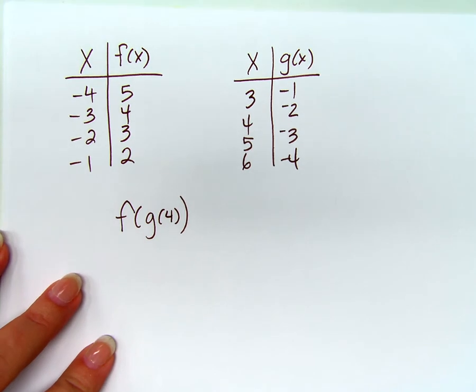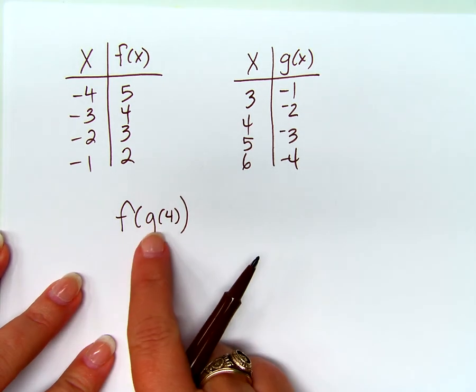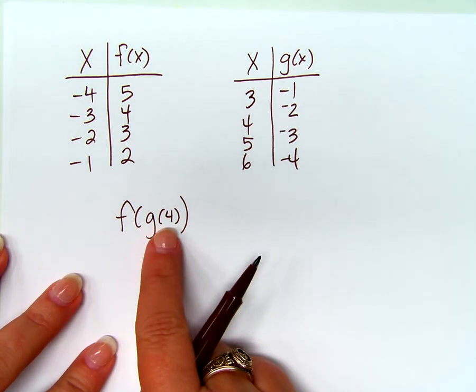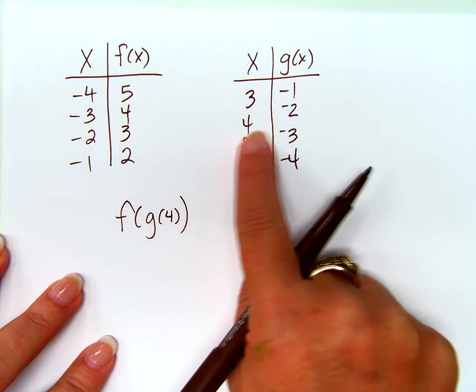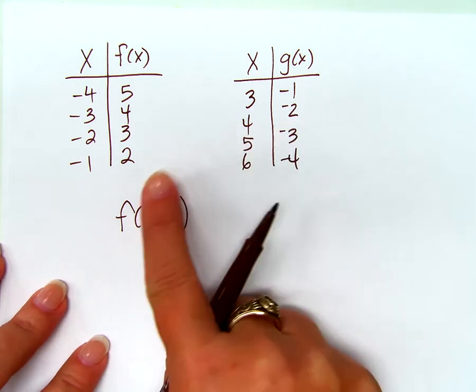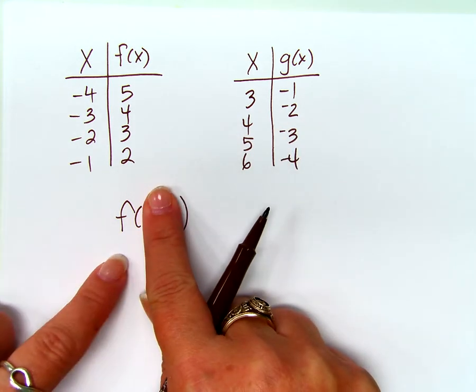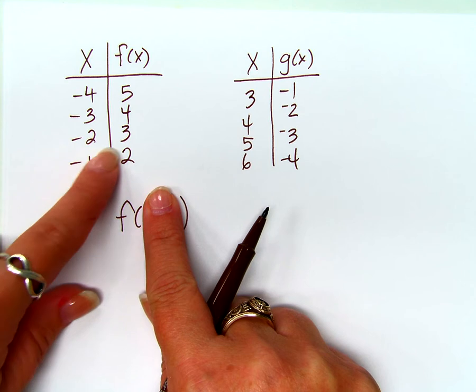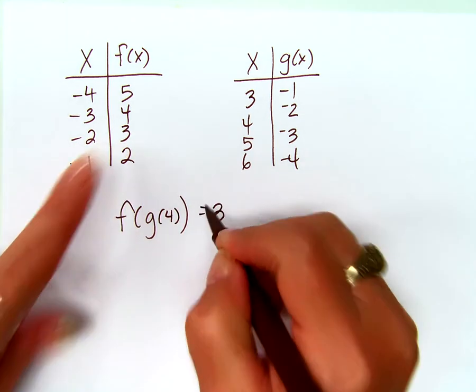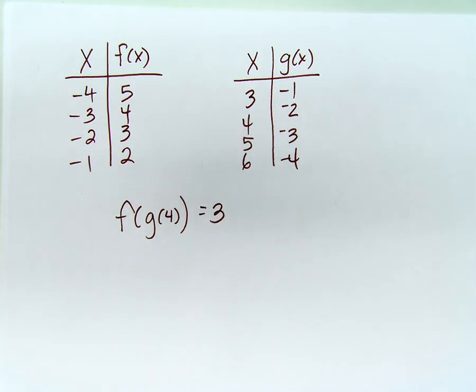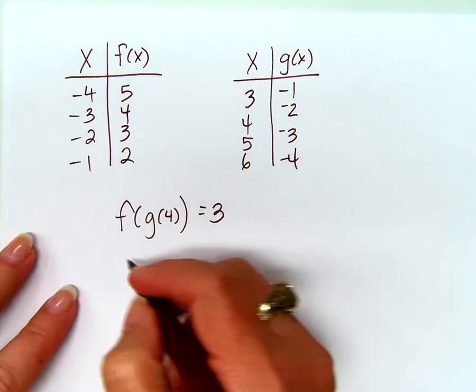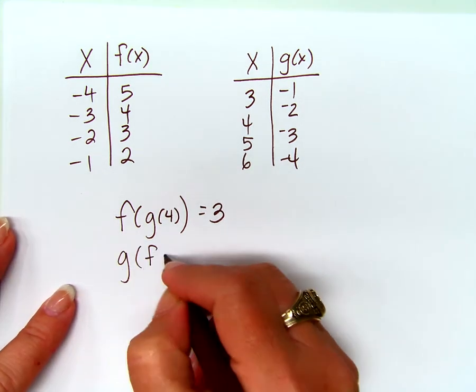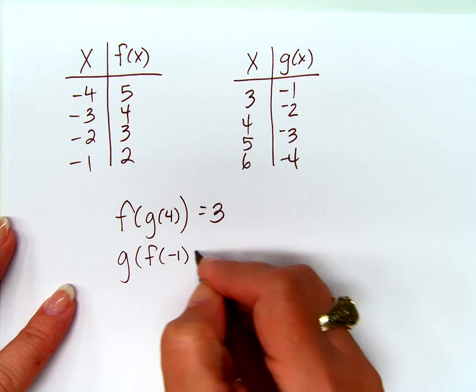Where do we start? What is g of 4? If x is 4, g is negative 2. So this is negative 2. What is f of negative 2? 3. Because it doesn't give you any equations on this. It just gives you tables. So answer this question. Could we find g of f of negative 1?